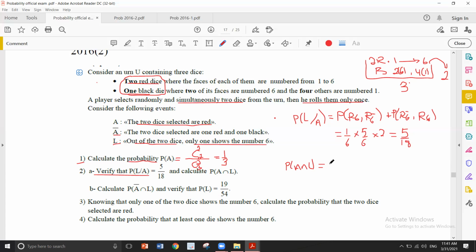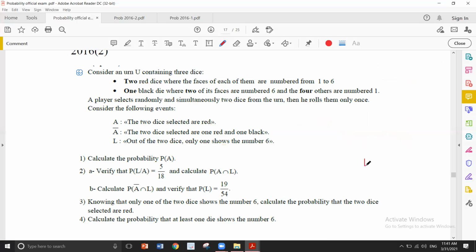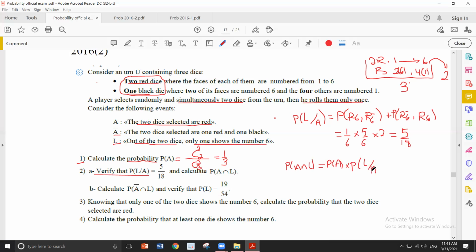Probability that A intersection L equals probability that A times probability that L given A. Equals 1/3 times 5/18. Equals 5/54.